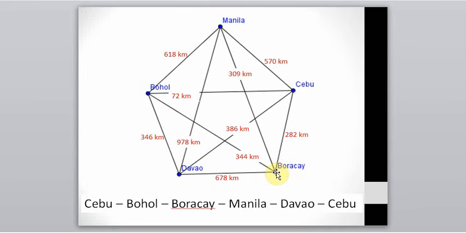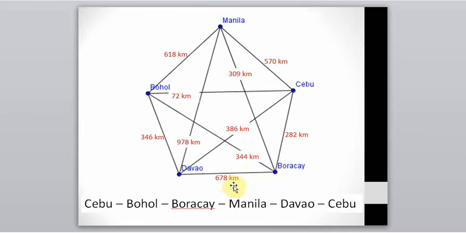Then from Boracay, again you look for the shortest edge. Boracay to Cebu, that's 282 kilometers, but again we're done with Cebu. Boracay to Manila, that's 309 kilometers. Boracay to Bohol, we're done with Bohol.